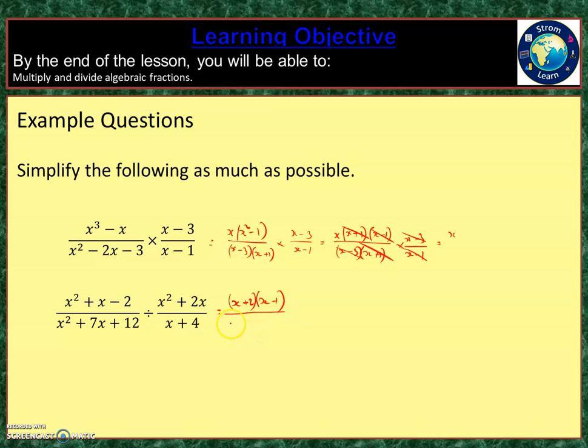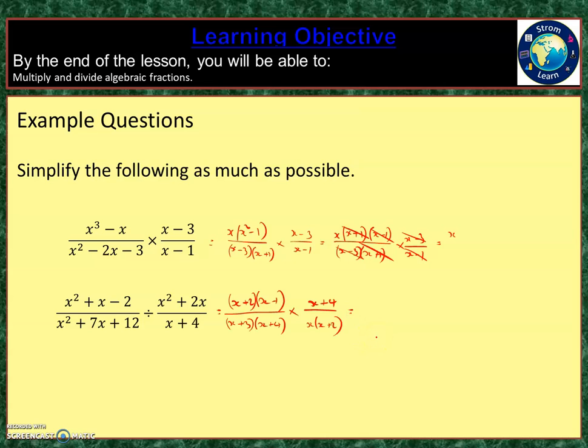If I factorise the denominator, that's going to be x plus 3 and x plus 4. Now I'm also going to do the multiplication step, so I'm going to find the reciprocal of this, so x plus 4 is now the numerator, and I'm also going to factorise the denominator at the same time. So a lot of steps there in one go.